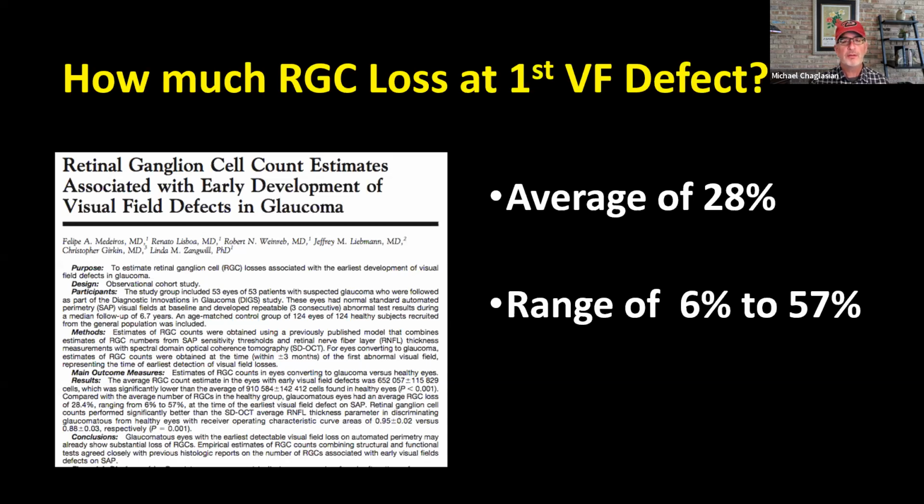It's one of the critical aspects of this disease and the pathology of glaucoma. So, an average loss of 28% of them before a first field defect, with a range of 6 to 57%. So obviously you want to get ahead of the curve for your patients with glaucoma, and that's what an OCT can provide.